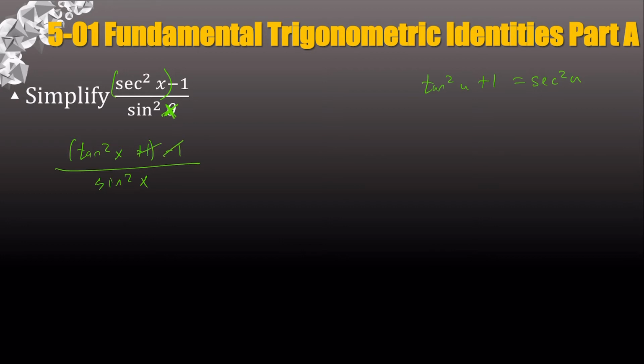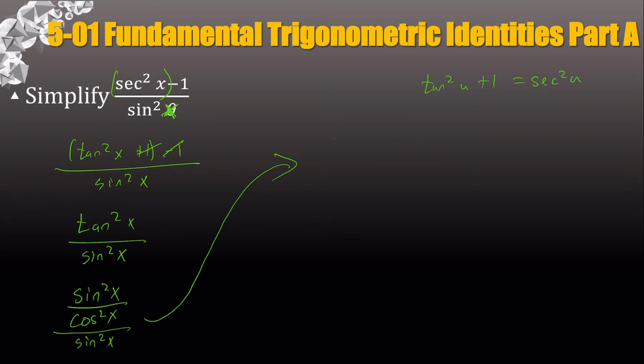The plus 1 and the minus 1 will, of course, cancel, so then I have tangent squared over sine squared. Oh, hey, but wait. Tangent is sine over cosine, so if it's squared, it'd be sine squared over cosine squared. Wait, how do we divide fractions?